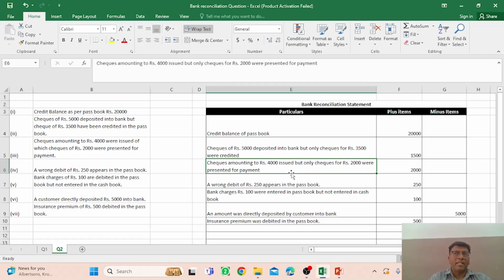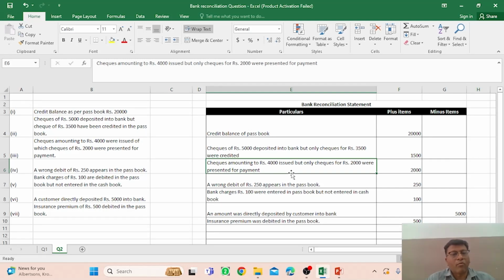So the bank balance is more by 2,000, and 2,000 is less in the cash book because you issued 4,000 rupees. Okay, just focus on it.